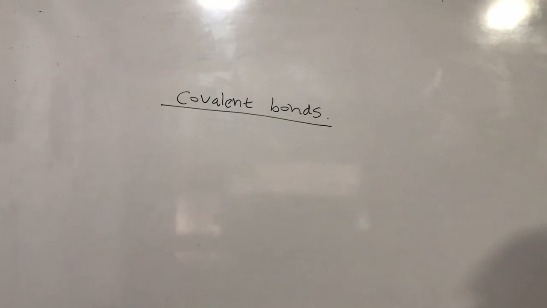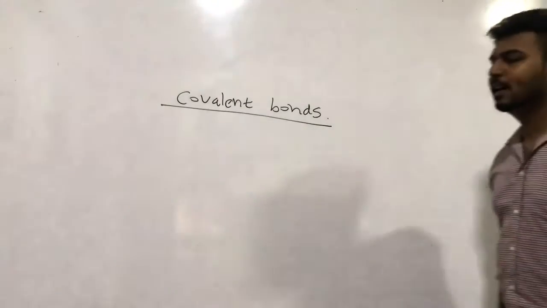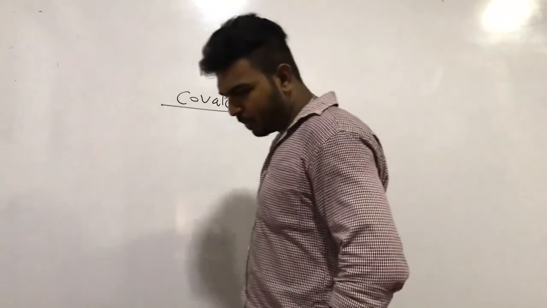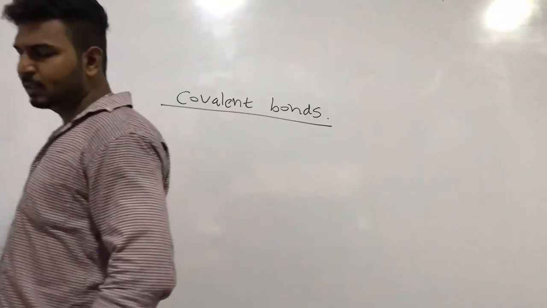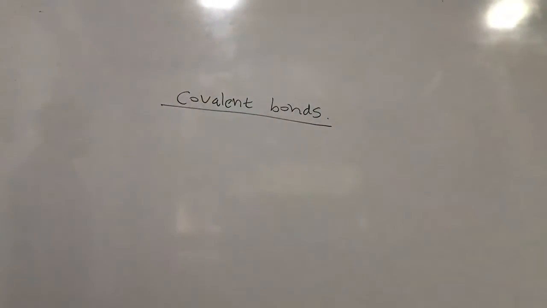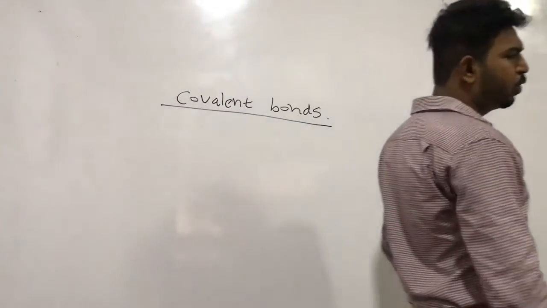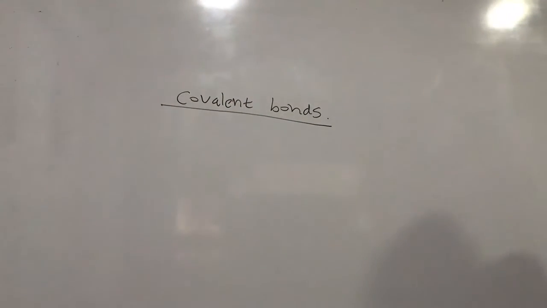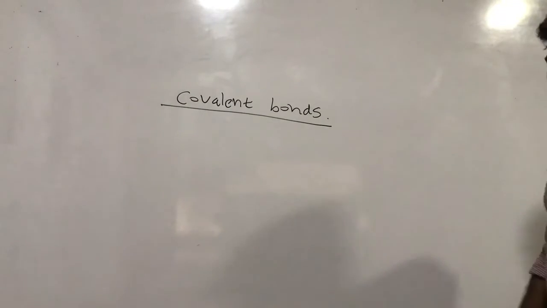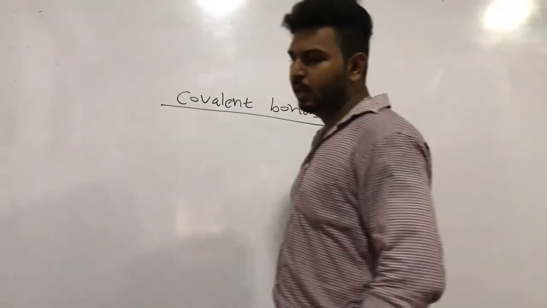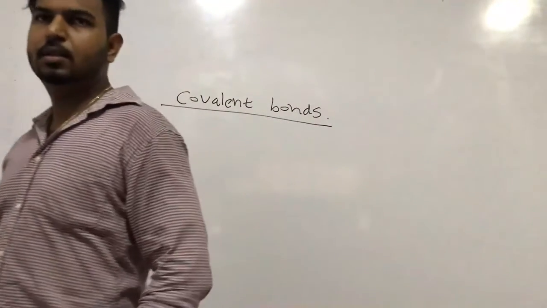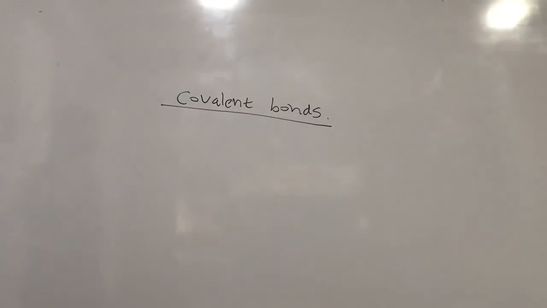The common electrons are concentrated in between two nuclei in a covalent bond.